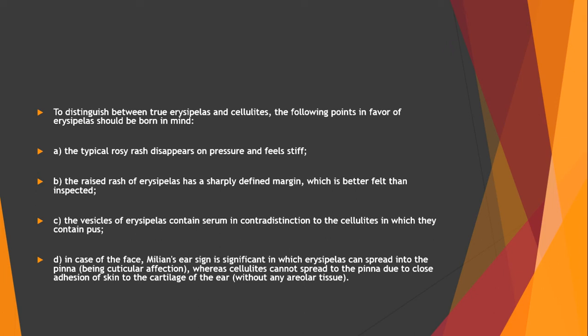The typical rosy rash disappears on pressure and feels stiff. The raised rash of erysipelas has a sharply defined margin, which is better felt than inspected. The vesicles of erysipelas contain serum, in contradistinction to cellulitis in which they contain pus.